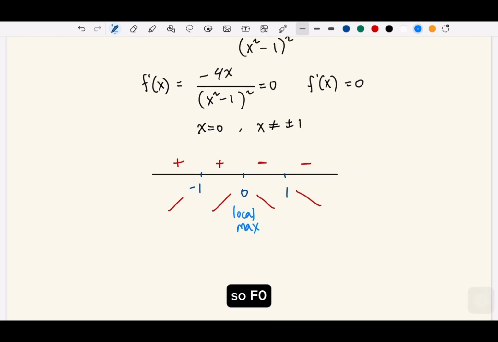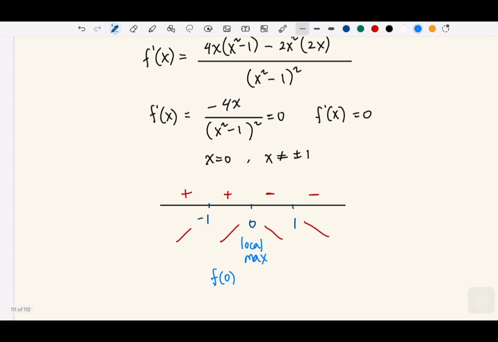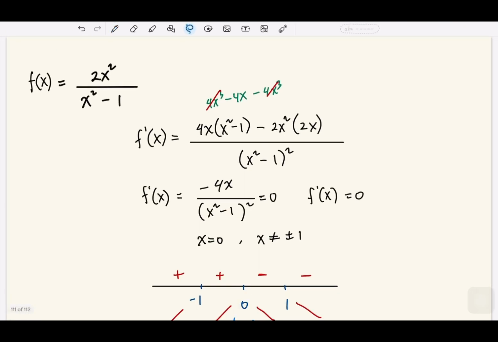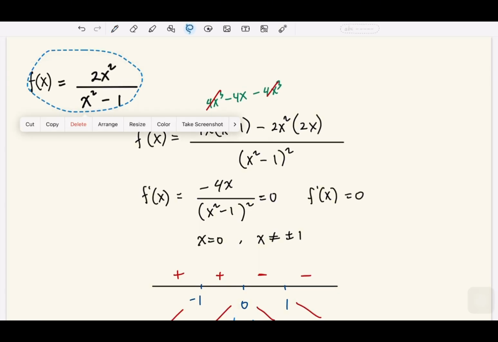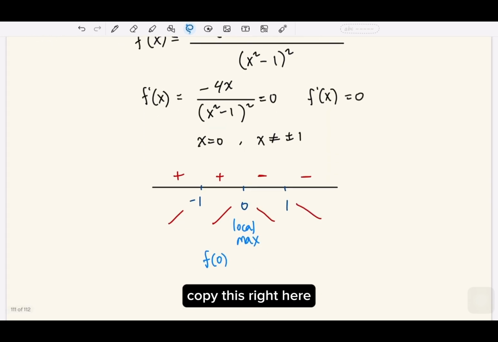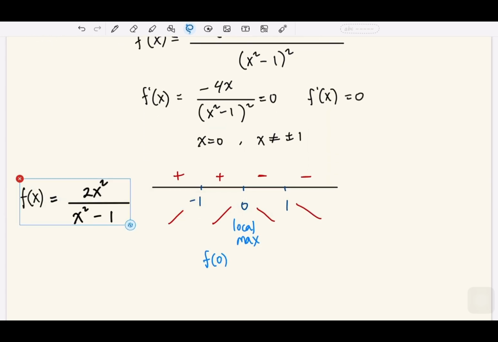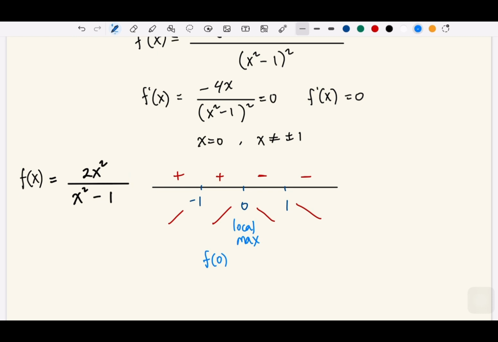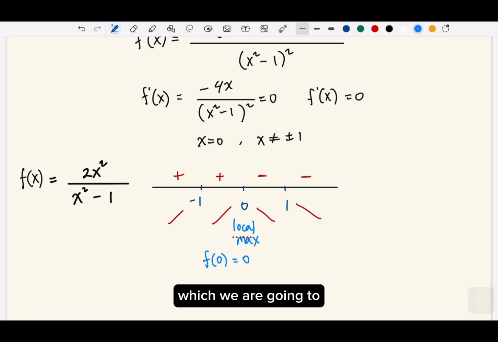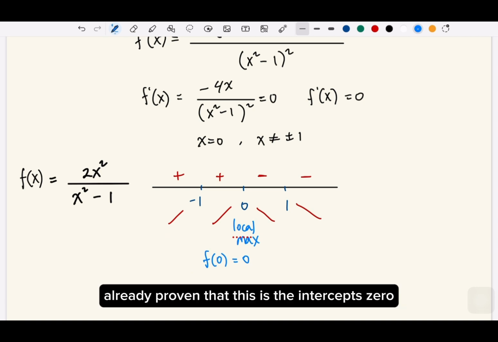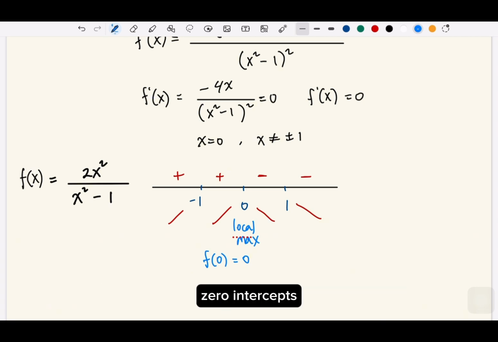So F of 0 is, copy this right here. So this will be 0, okay, which we have already proven is the intercept. Okay, 0, 0 is the intercept.